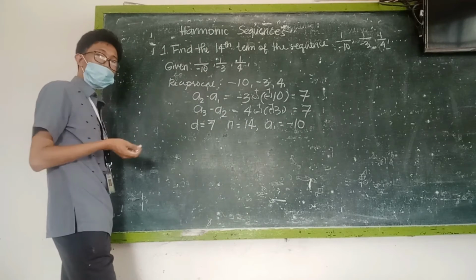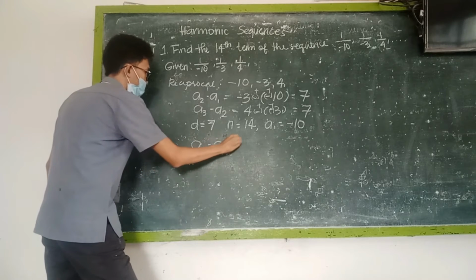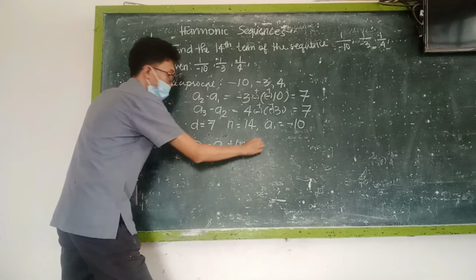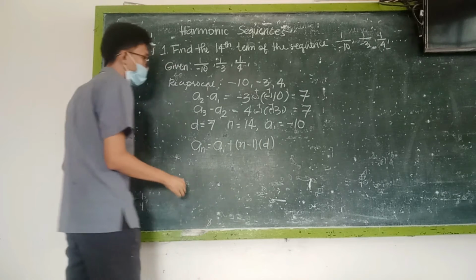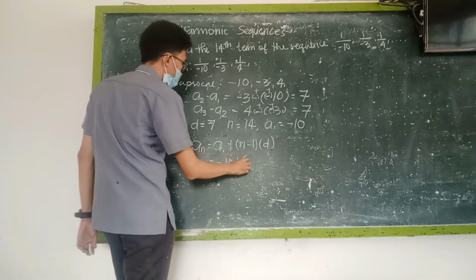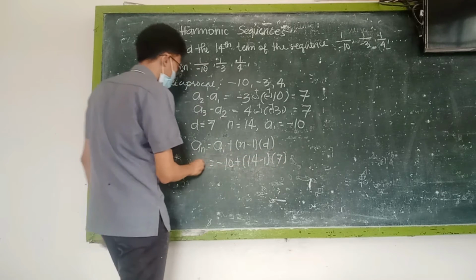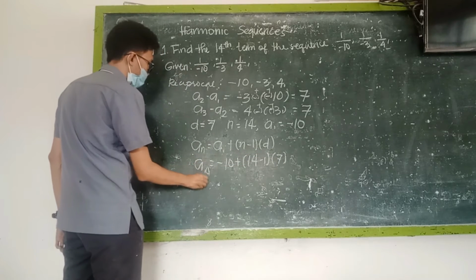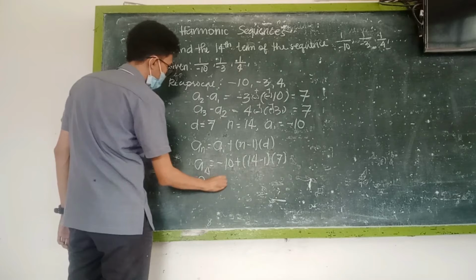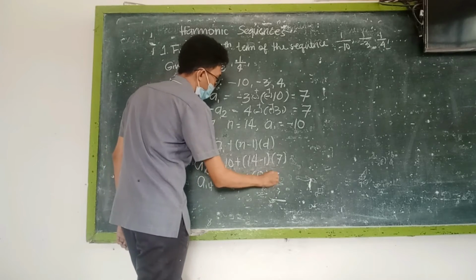So, by the formula in the arithmetic sequence, we have a sub n is equal to a sub 1 plus n minus 1 times d. So, we have negative 10 plus 14 minus 1 times 7. This is a sub 14. So, a sub 14 is equal to negative 10 plus 13 times 7.